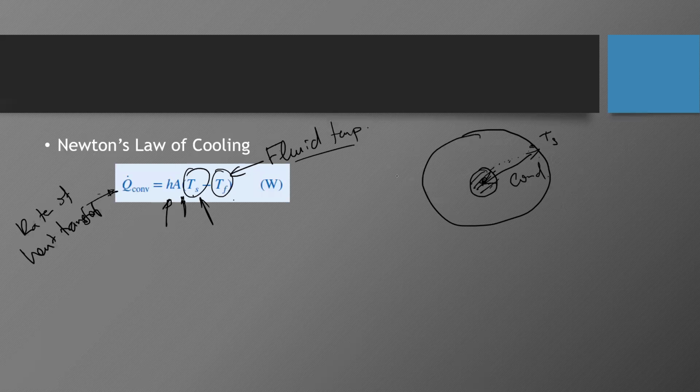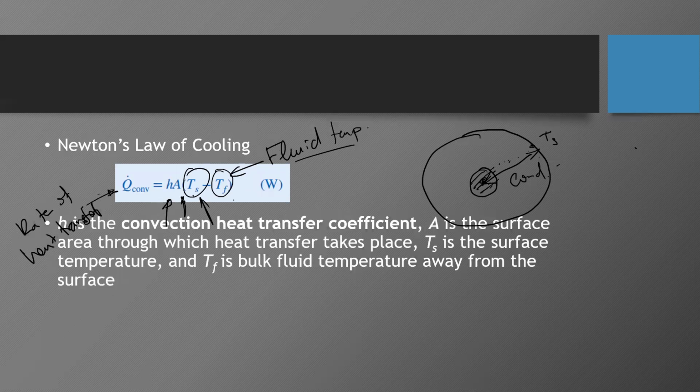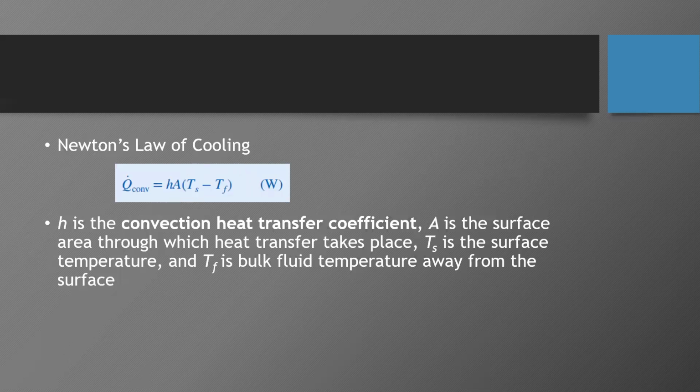If you keep it on a table or wherever. h is called the convection heat transfer coefficient, and A is the surface area through which the heat transfer takes place.